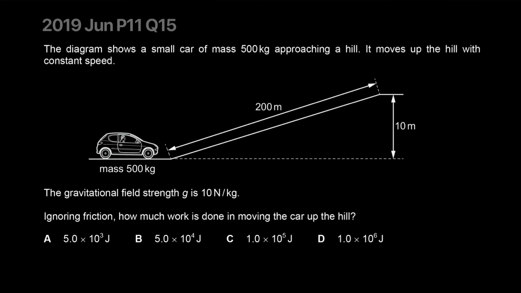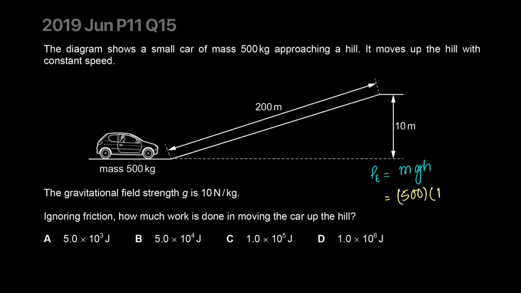So all that work is going to be easily calculated by the potential energy, which is equal to PE = mgh. The mass of the car is 500.